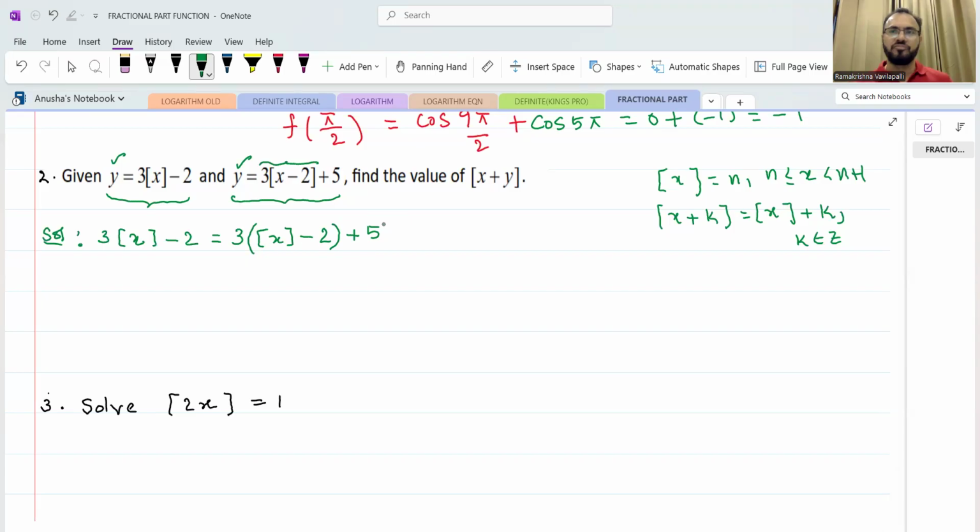So here something fishy is going on, maybe the 3 into integral part of x is cancelling out. I'll check it once.